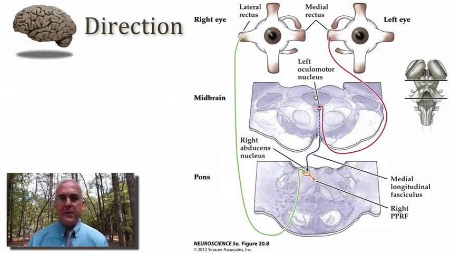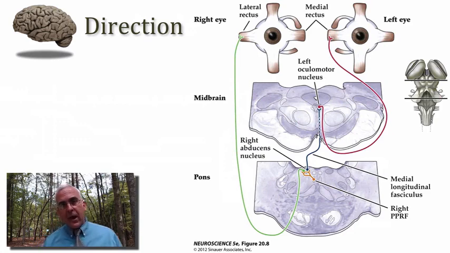Well, direction of movement can be a challenge in various ways because objects of interest that we might want to look at can happen really in any position relative to our head in our frame of reference. So we need the ability to integrate signals that will allow us to direct our eyes towards any location in the visual world.